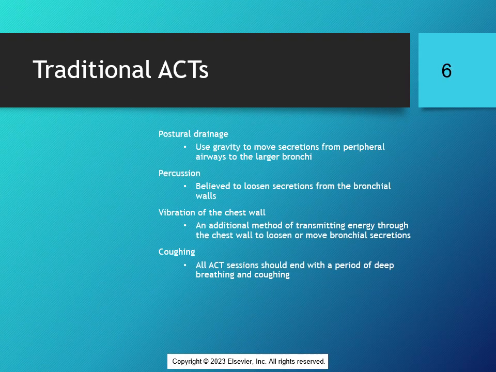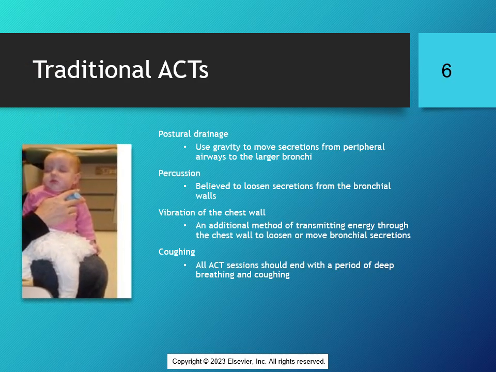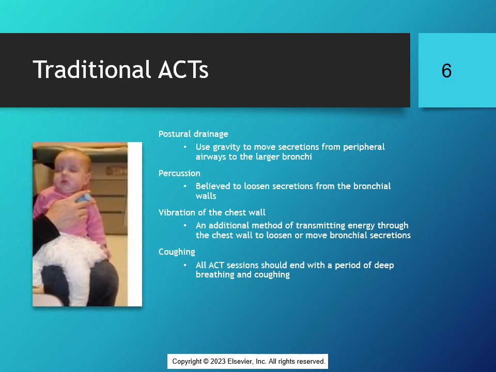Some of the traditional airway clearance techniques include postural drainage, which is just positioning a patient in the correct way in order to move secretions from the small outer airways to the larger bronchi where they can be coughed up and out.